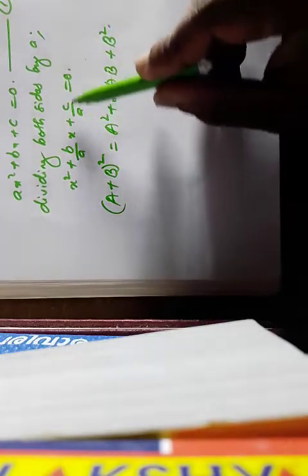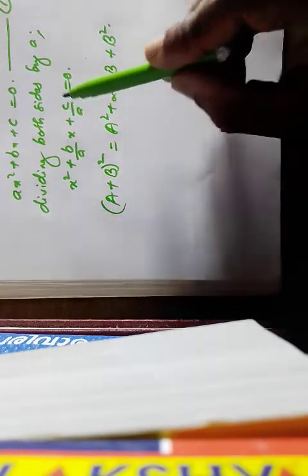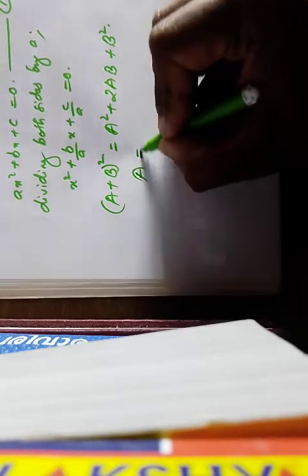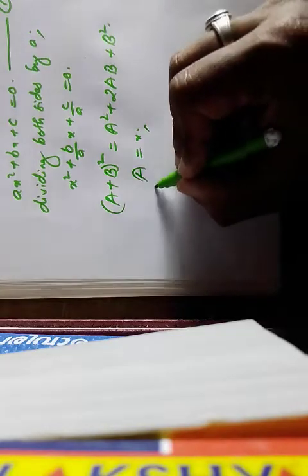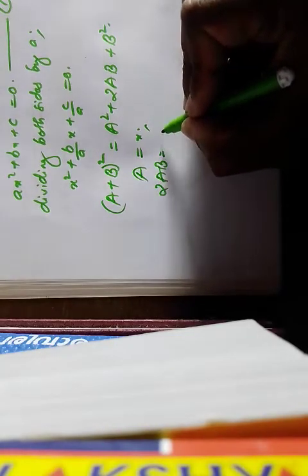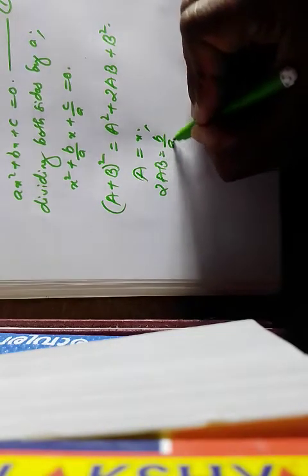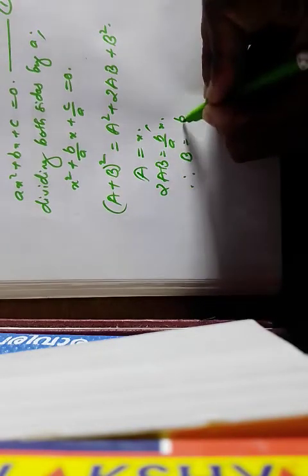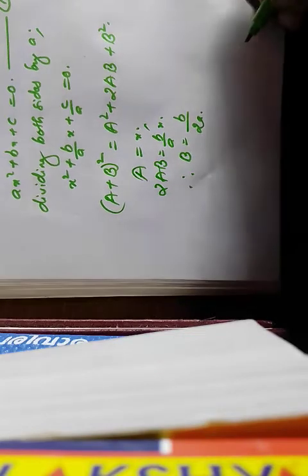Now the b square we have to find, because the c by a is another term, not included in these two terms. Let us take a is equal to x, 2ab is equal to b by a into x. Therefore b is equal to b divided by 2 into a.